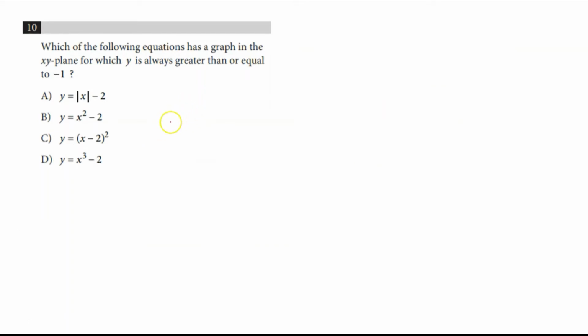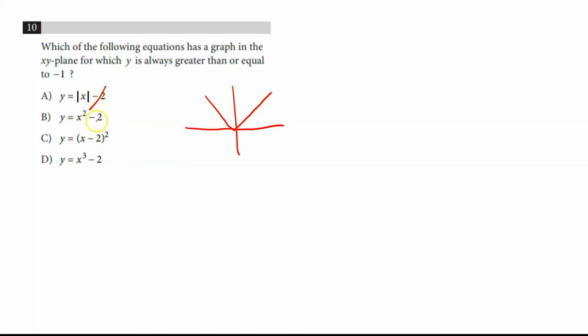For question 10, because we don't have a graphing calculator, we kind of have to think intuitively about these graphs. So the absolute value of x has its lowest point at the origin, but because it's shifted vertically, it is not always greater than or equal to negative 1.